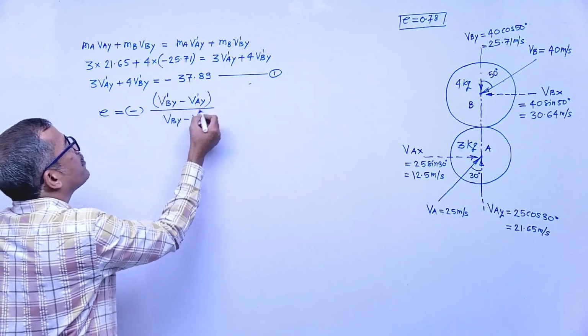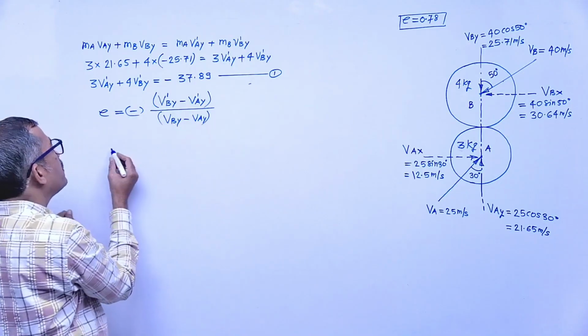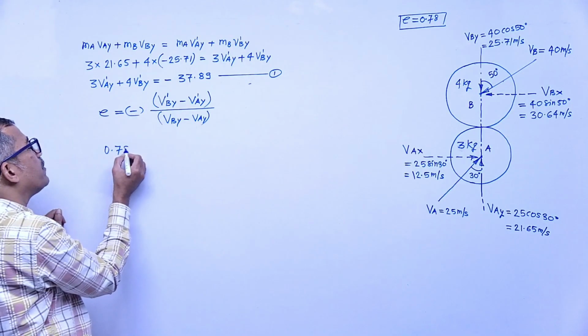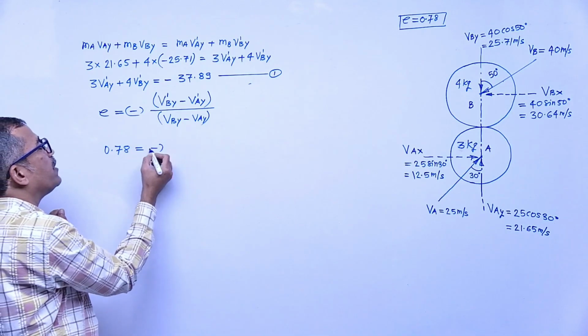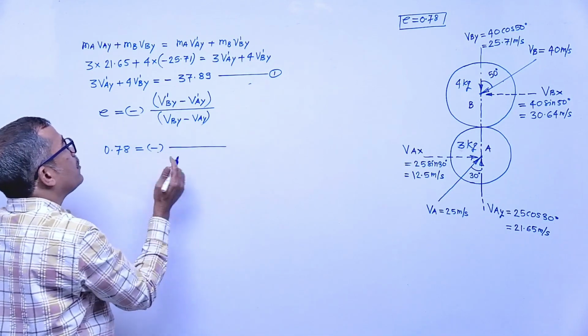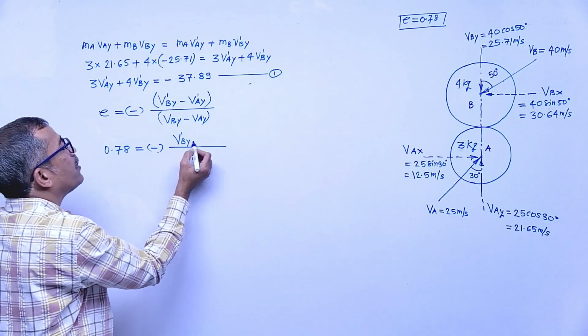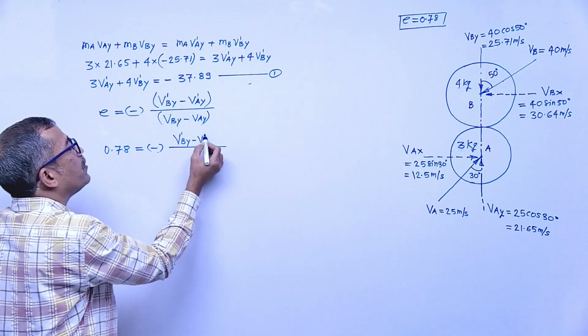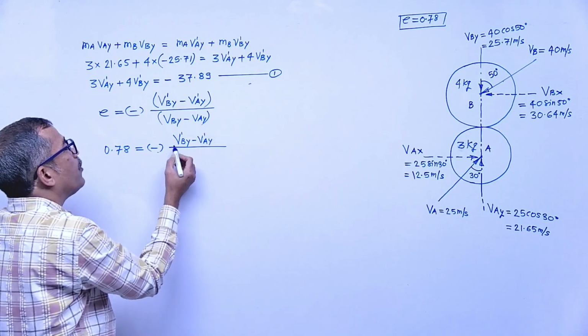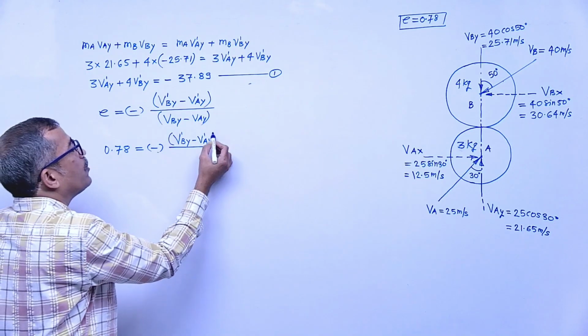Now substitute your values. E is given as what? 0.78 equal to minus, numerator is unknown, VB dash y minus VA dash y upon VBy.